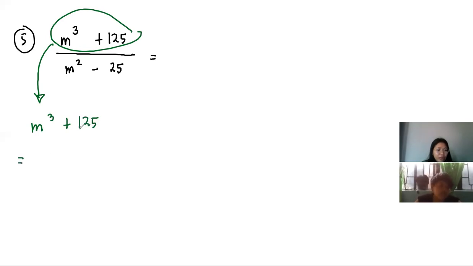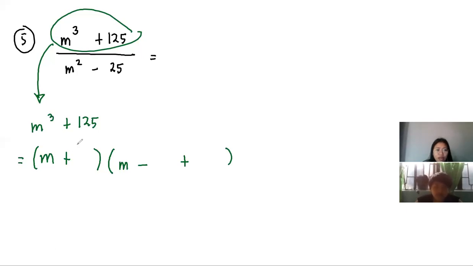Again, this is the 5 times 5 times 5, that is the cube of 5. So this is m. Pag nilagay natin siya as plus, plus dito, tatandaan pa siya, tapos m, isang minus dito, and then, isang plus dito. Tama?